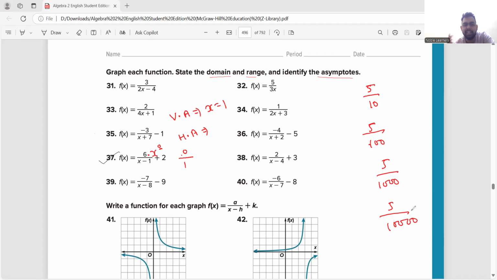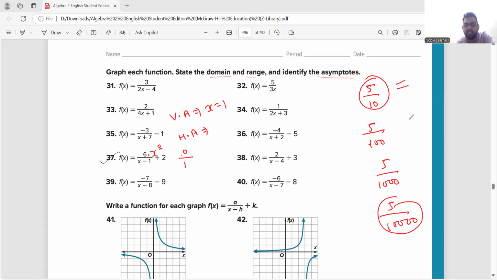So when I'm increasing my denominator, what is happening to the value? When you increase the denominator, what happens to the value of the number?